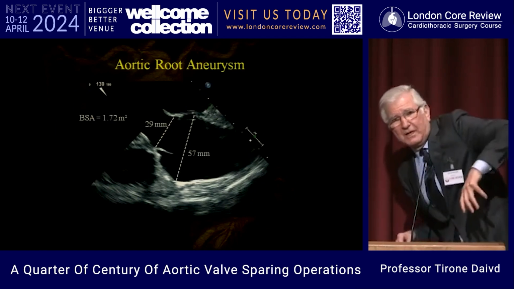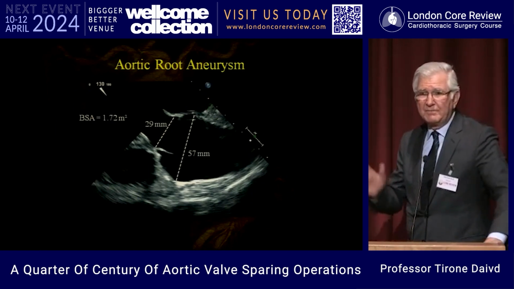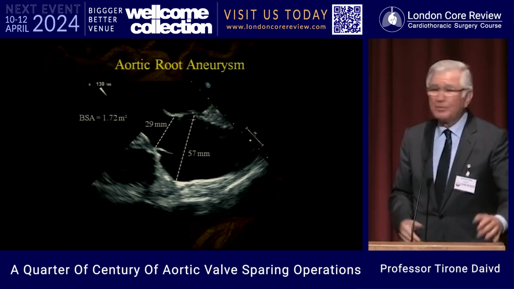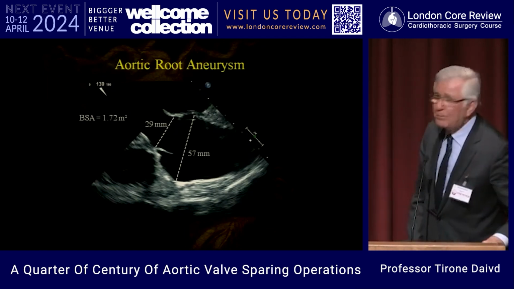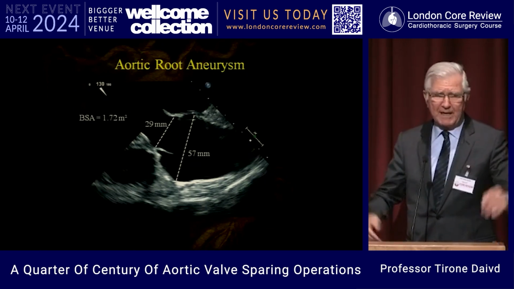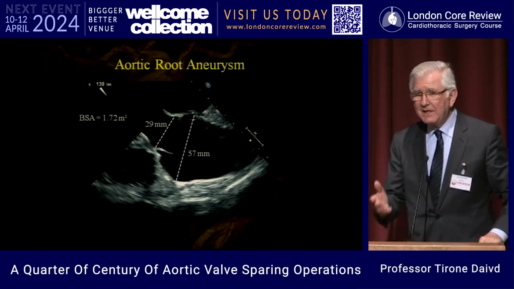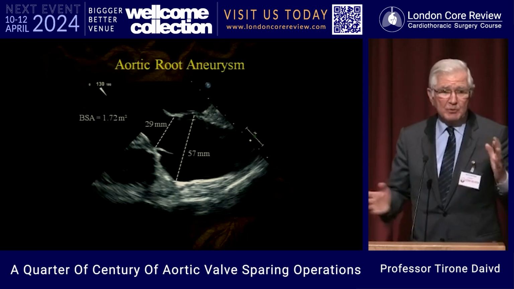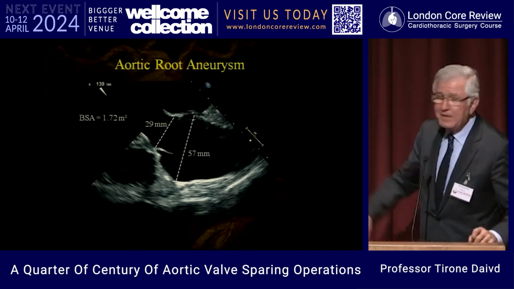Mind you, she was kyphoscoliotic, so that didn't help. 29 annulus. Her body surface area was 1.7. Grossly dilated. She should have what? A 19 annulus, 20 millimeter annulus, maybe 22, but never 29.